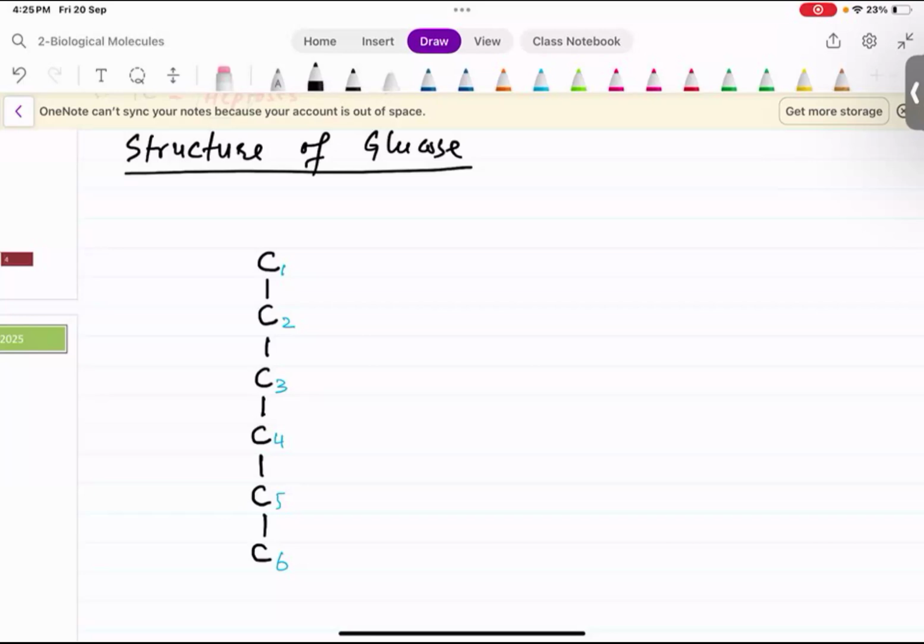This carbon number 6 has a bond with a hydroxyl group here. You can write the hydroxyl group here. OH group is known as a hydroxyl group.